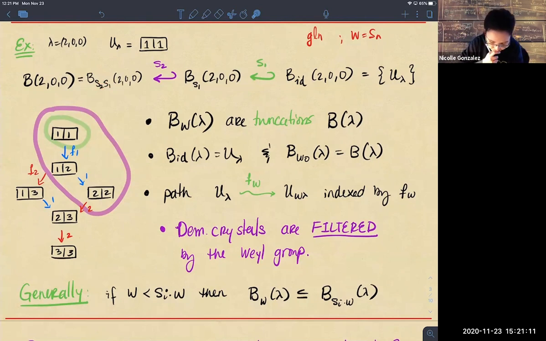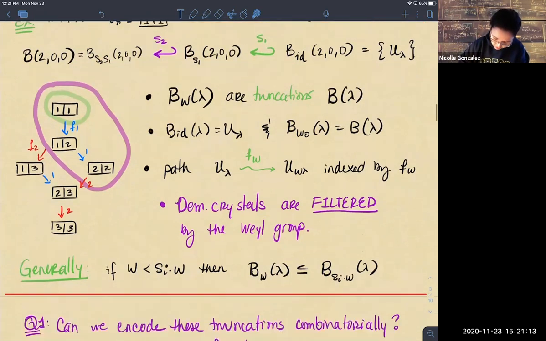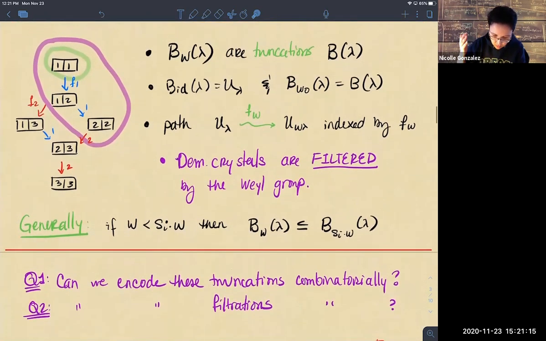Great. Okay, so then what are the two questions with this construction that we see, right? So the first question is, can we encode these truncations combinatorially? What do I mean by that question?